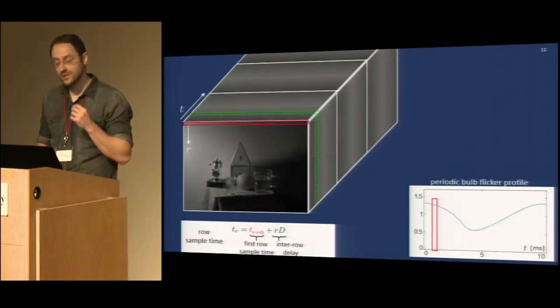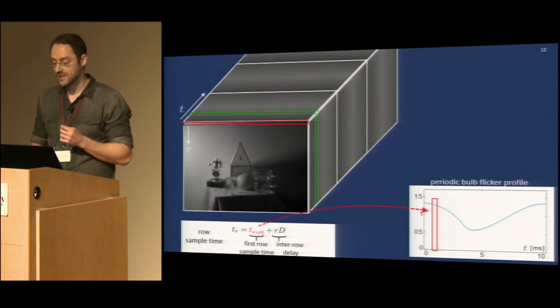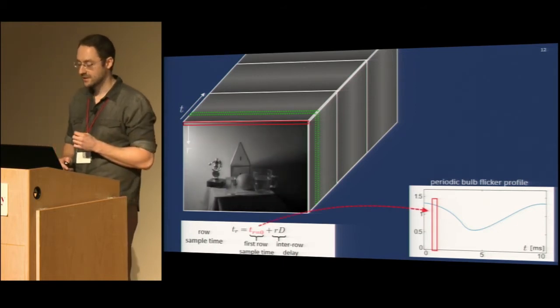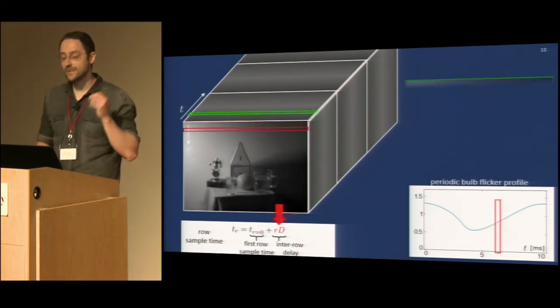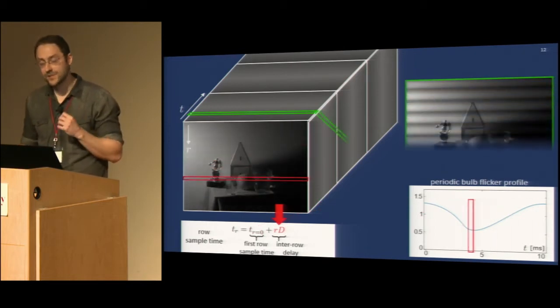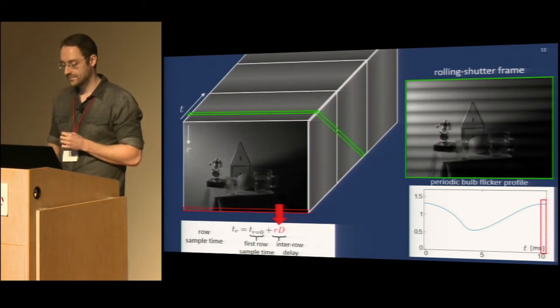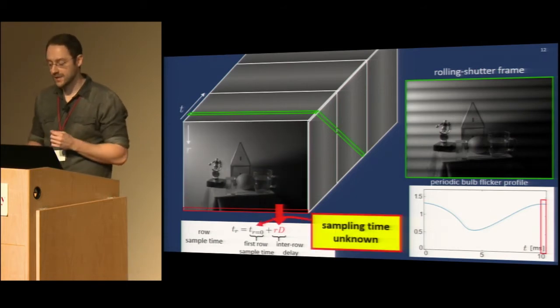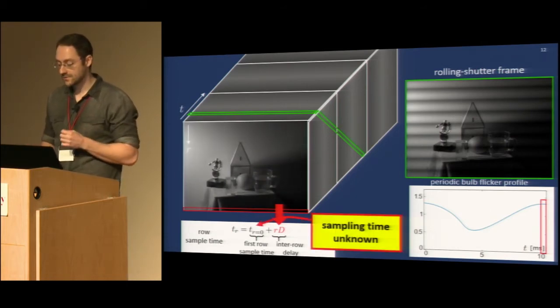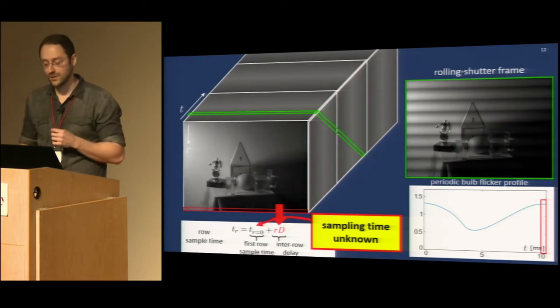Now, in a rolling shutter frame, the first row starts at some time within the flicker cycle. Then, each subsequent row samples a different time within the flicker cycle according to the inter-row delay. But, unlike in the old A-cam, here the sampling times of the first row are generally unknown.